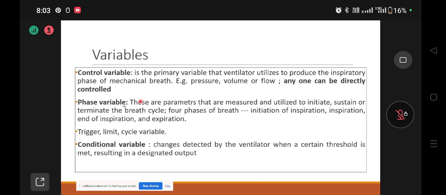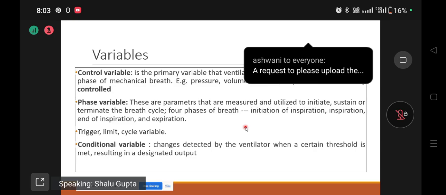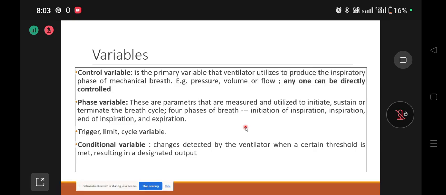Now we talk about phase variables. I think this is the most important to understand. Phase variables are the parameters which are utilized to initiate a breath, to sustain a breath, and to terminate a breath. And there are therefore 4 phases of breath: initiation of inspiration, maintenance of inspiration, end of inspiration, and finally expiration.